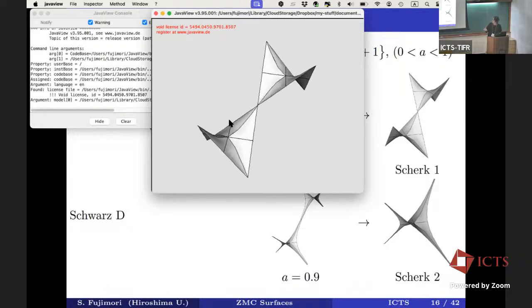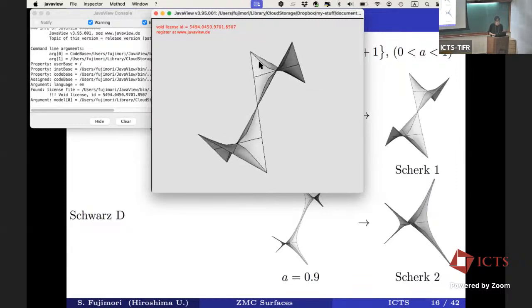This surface, as a minimal surface, the Scherk surface, is doubly periodic and the conjugate is singly periodic. But in this case, this surface is not periodic, and this surface is triply periodic. Triply periodic, but it has an end, which is a bit strange. It is triply periodic, but the end does not go to infinity; it still remains a finite point.